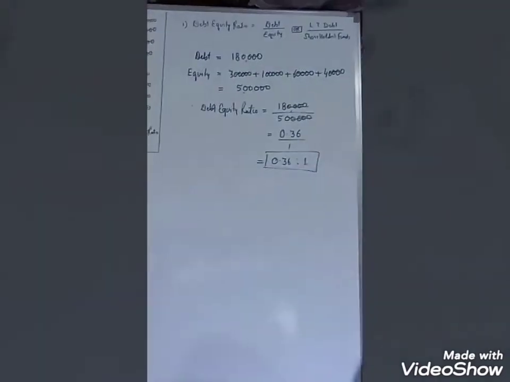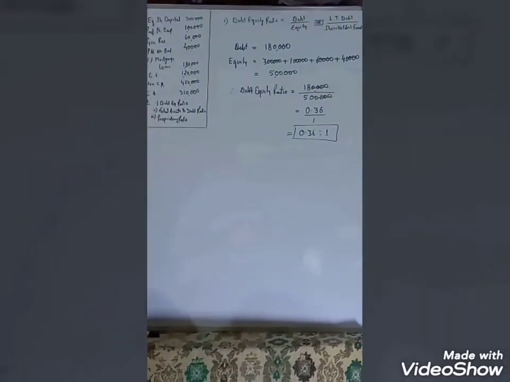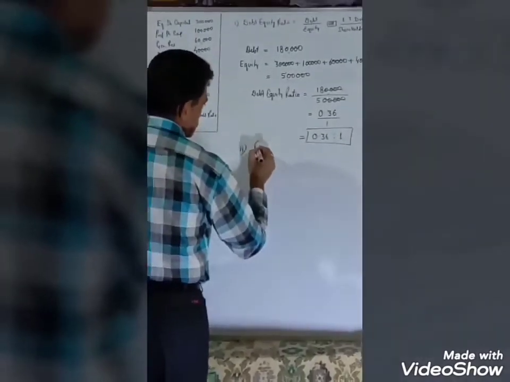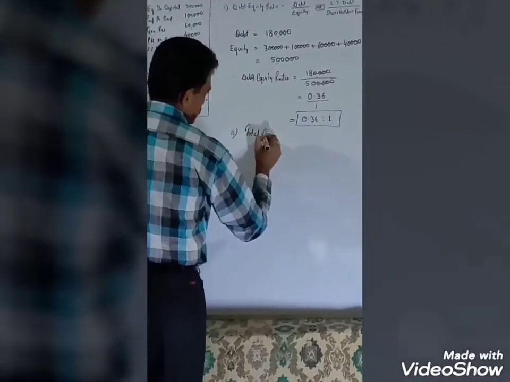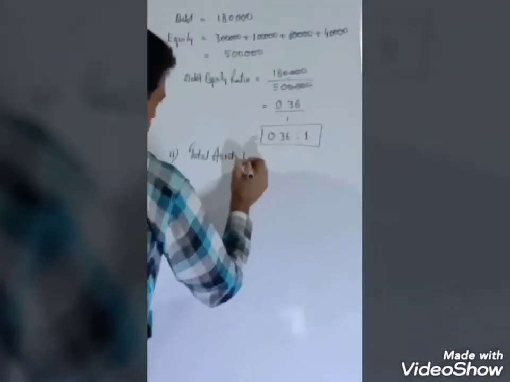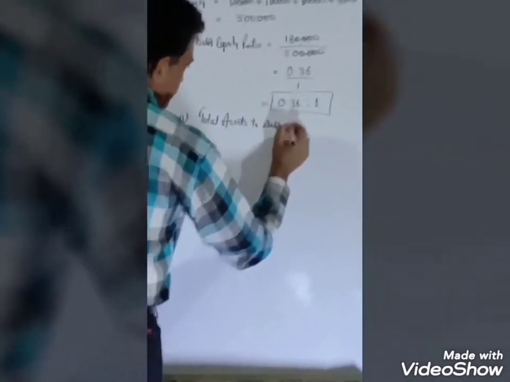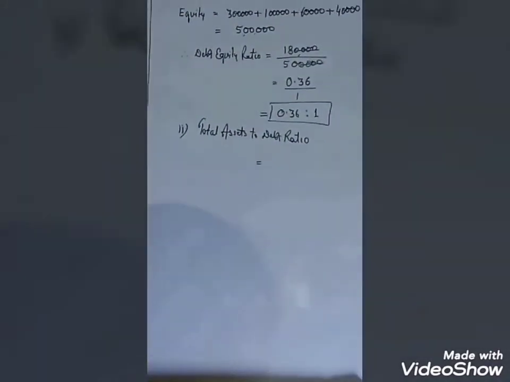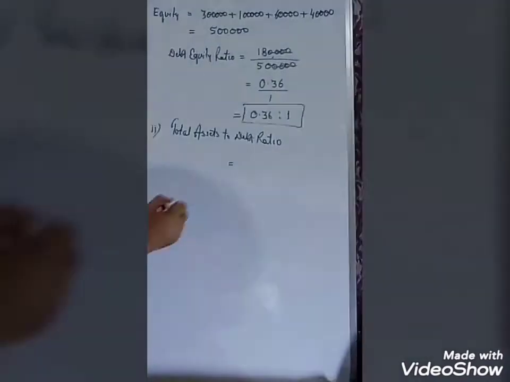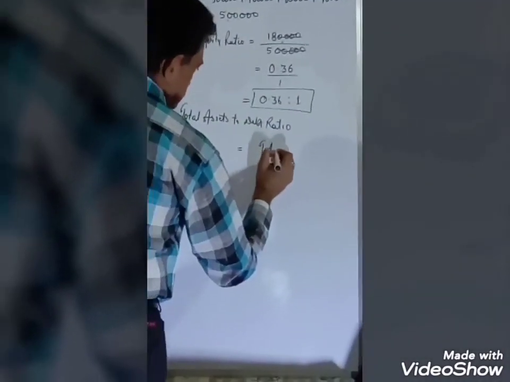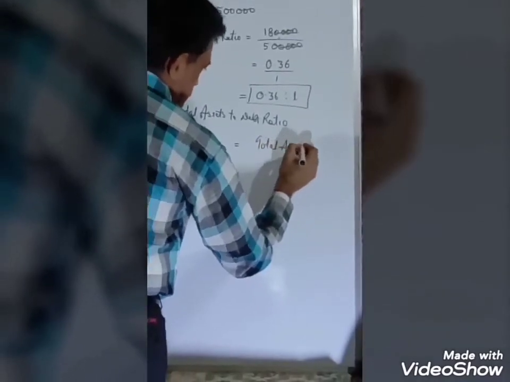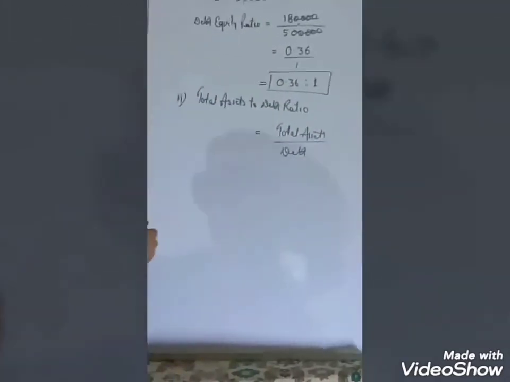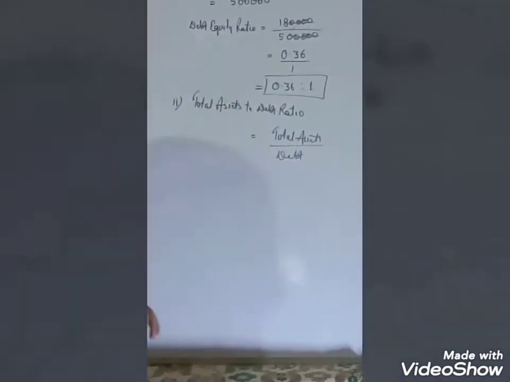Now, second ratio to be calculated is total assets to debt ratio. For the calculation of total assets to debt ratio, the formula is total assets divided by debt. Debt again here stands for the long-term debt.